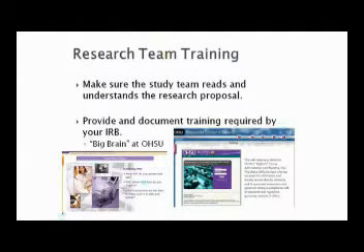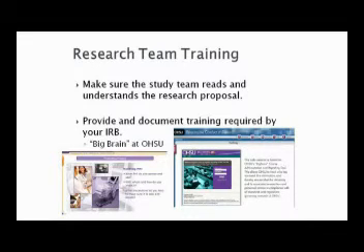Everybody on your team who will come in contact with any protected health data or study participants is going to have to go through training. At OHSU it's called the Big Brain, and we do it online. It's kind of fun.